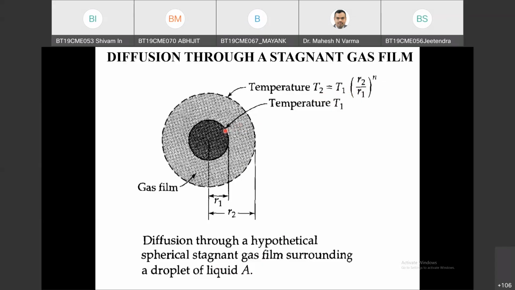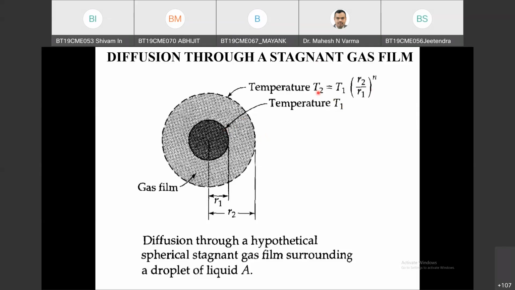There is a variation of temperature and also of concentration. So initially we go to heat transfer and derive the equation for temperature profile. Once we get the temperature profile, it will be substituted in the mass flux profile.